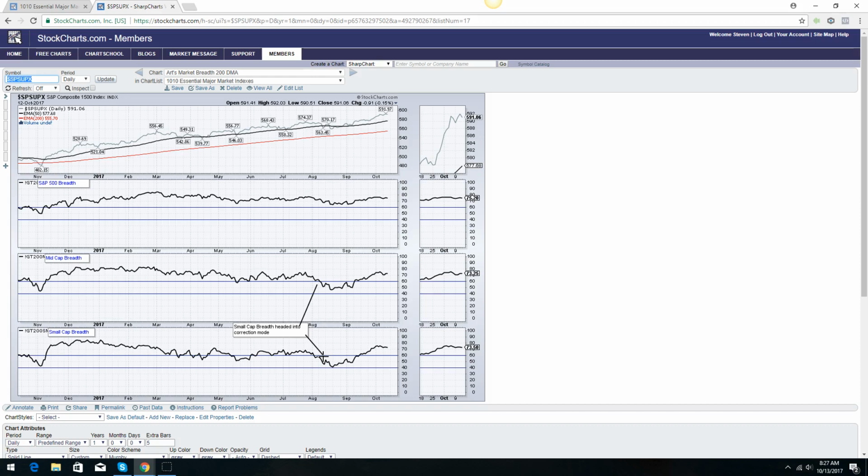So either the S&P 500 is going to come down to match that negative divergence in the small caps, or the small cap breadth is going to come back to match the strength in the S&P 500. So just a good rule of thumb, if you are seeing a lot of secondary indicators that are flashing yellow or red signals, but the major market index is intact, maybe you just hold off on buying new positions, but you keep your current positions until you get that price trend line break.